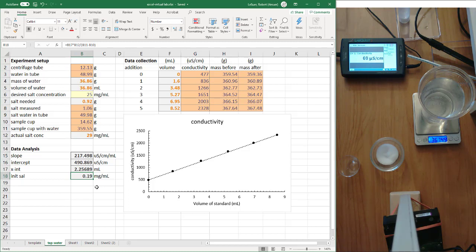And then we're going to compare these results to distilled water that I snuck out of the lab before the pandemic, and we will see where we go. I will not put the Excel sheet up for those. I will only show the data collection. Your job is to collect the data that you're supposed to and put them into your template.